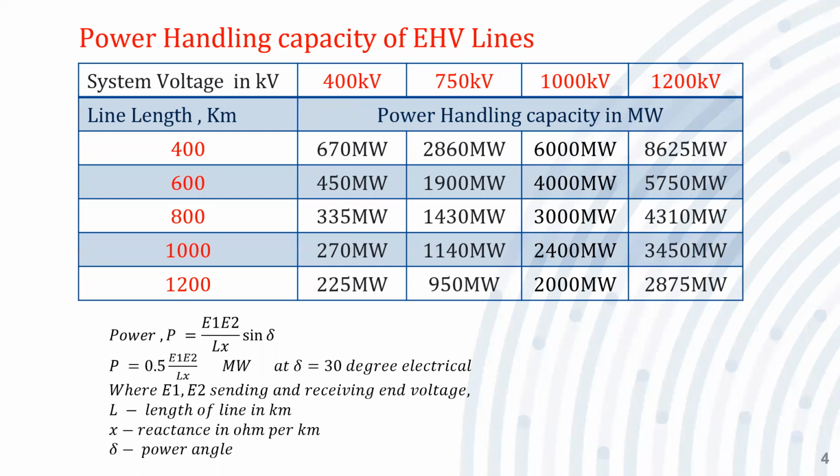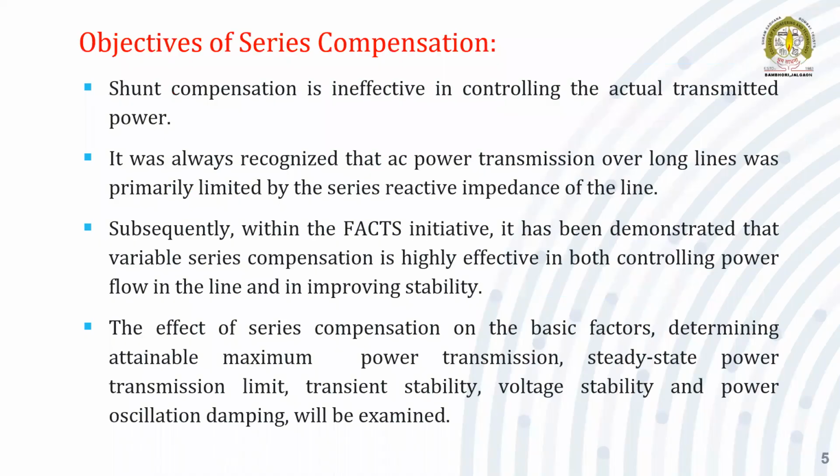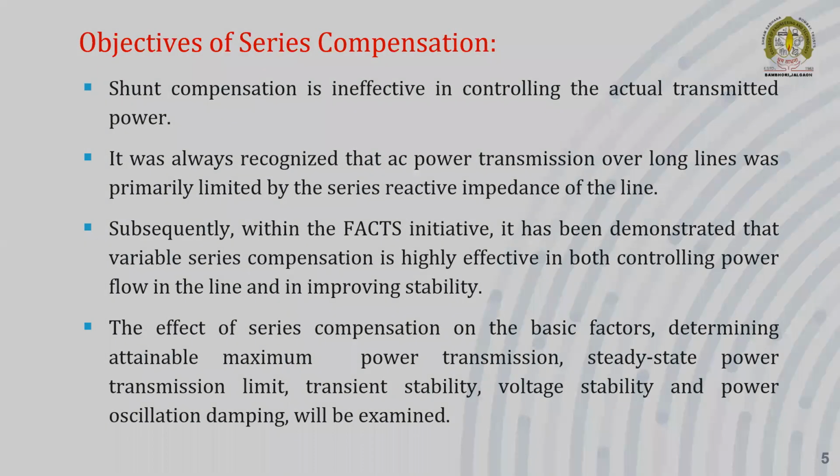So the objective of the series compensator is to decrease this denominator by using a series capacitor. Definitely, when the denominator L into X decreases, the power handling capacity of the existing transmission line of the same voltage level increases.